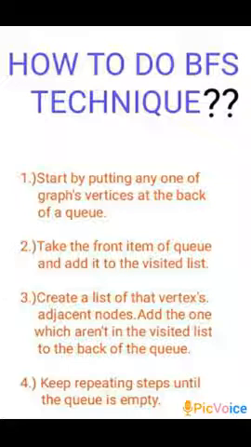That means the selected vertex or source vertex that you have selected is kept at the back of the queue. That means it is enqueued in the queue as the first element. Take the front item of the queue and add it to the visited list. That means the enqueued item will be deleted from the queue and added to the visited list.